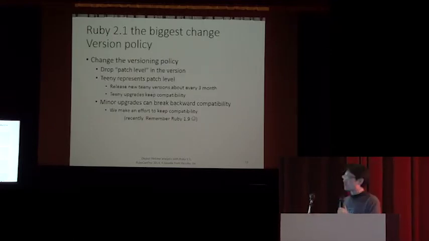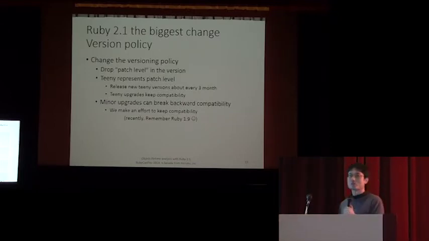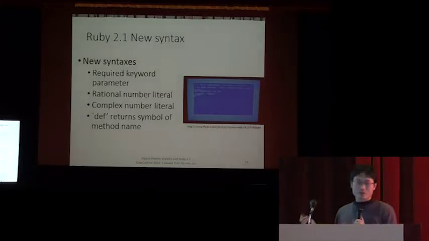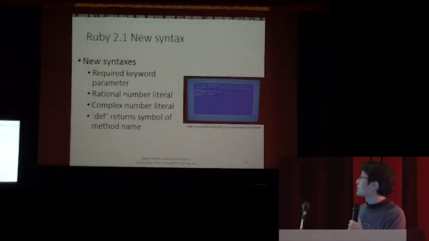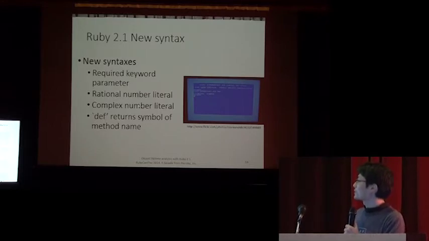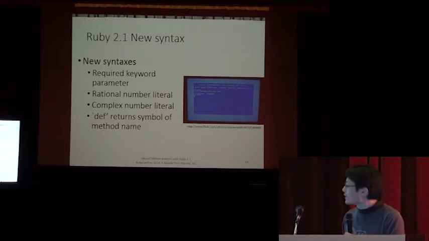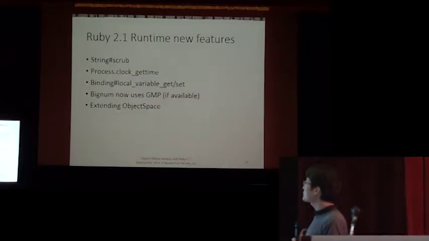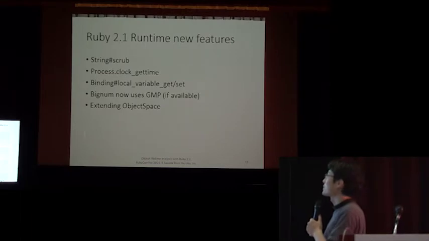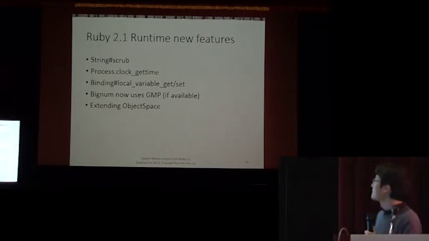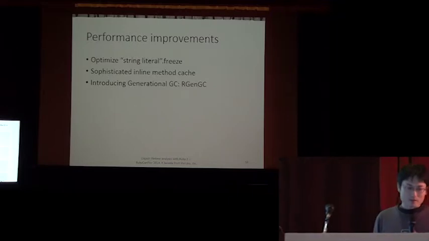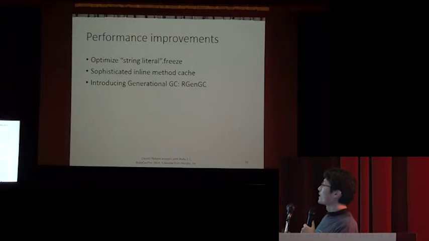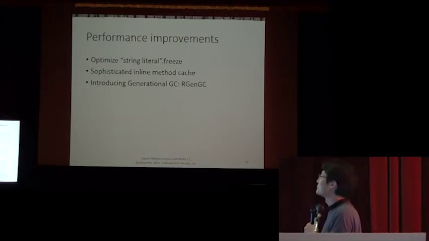And the version policy is changed from Ruby 2.1, as Matsumoto-san said yesterday. We also introduced several syntaxes: required keyword parameters, rational number literal, complex number literal, and the return value of symbol as the def syntax. We also introduced new runtime features, and there are several performance improvements. So this is my target, my job.